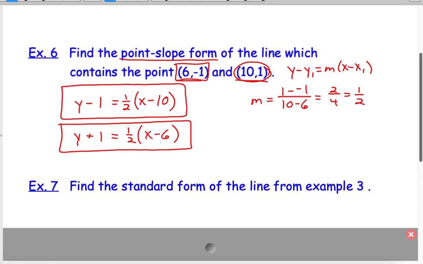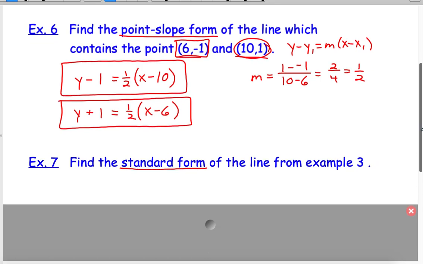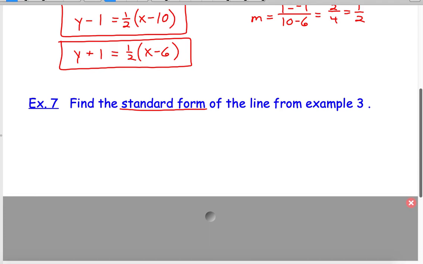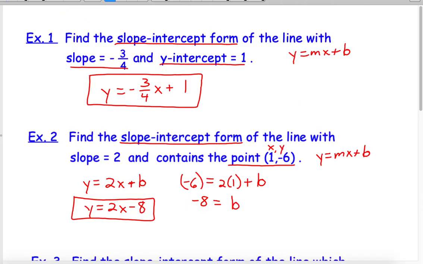Find the standard form. Standard form, what was that before I even think about what I have to do? Standard form was ax plus by equals c. A had to be a positive integer, and a, b, and c are relatively prime integers. So from example 3, I guess we've got to go back here.